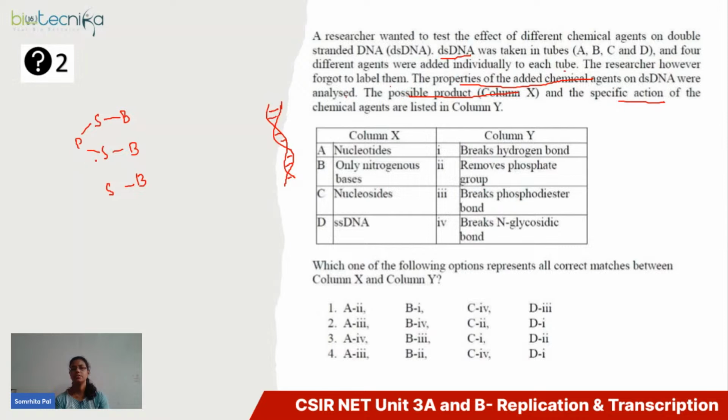This is how we get to see it. This is one strand, and over here we have the hydrogen bond. It can be a double bond, it can be a triple bond. We have another base, sugar, and phosphate, base, sugar, and phosphate. So you have to remember the different kinds of bonds, the structure, and all.